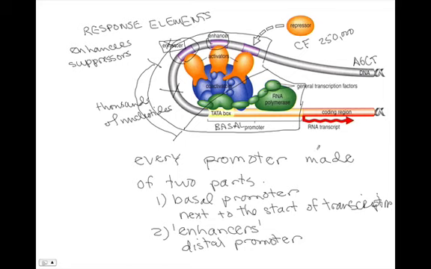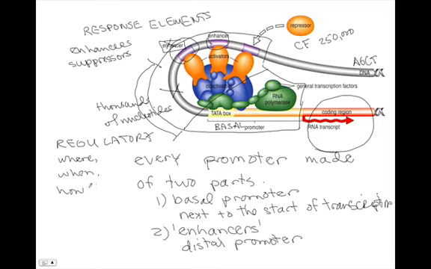So we talked about the transcription unit as being the business end of the gene. The promoter is the regulatory end of a gene. And the promoter tells where, when, and how much of the gene to transcribe.